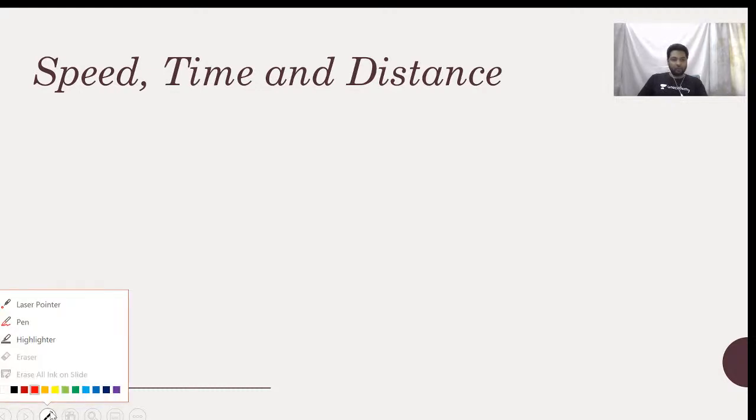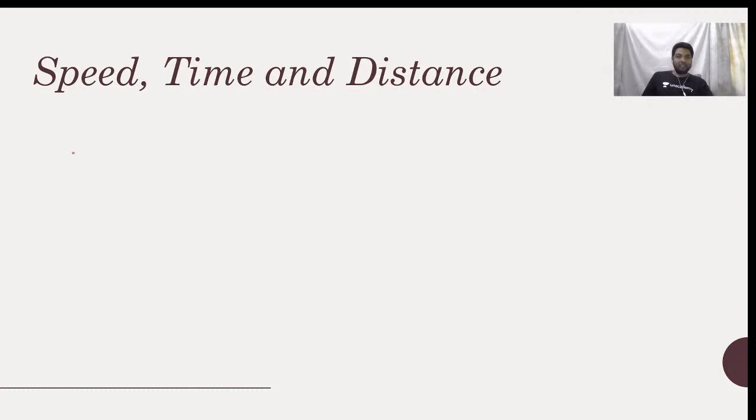Okay. That said, as we know, there are a couple of concepts that we need to be thorough with. First is the relationship between speed, time, and distance traveled. Speed, distance traveled, time taken.